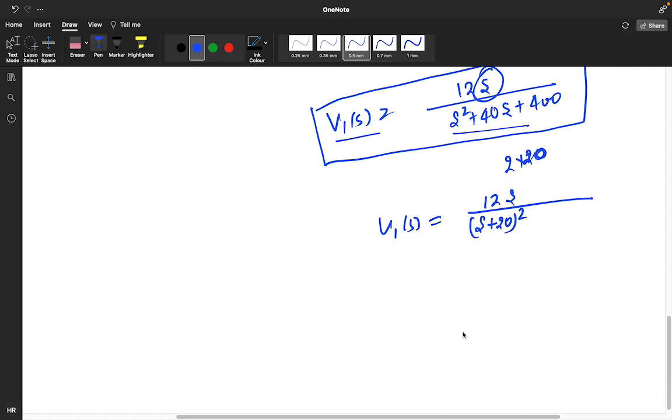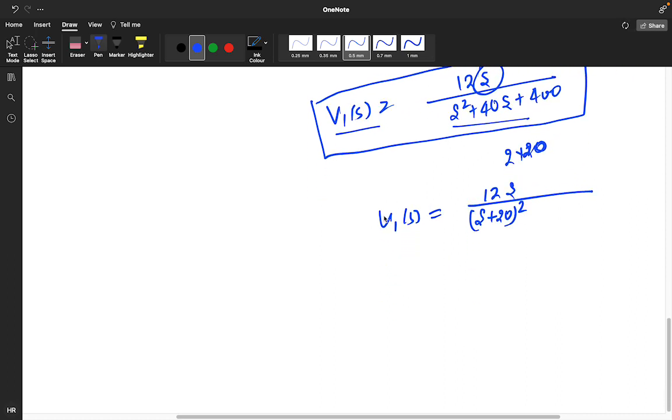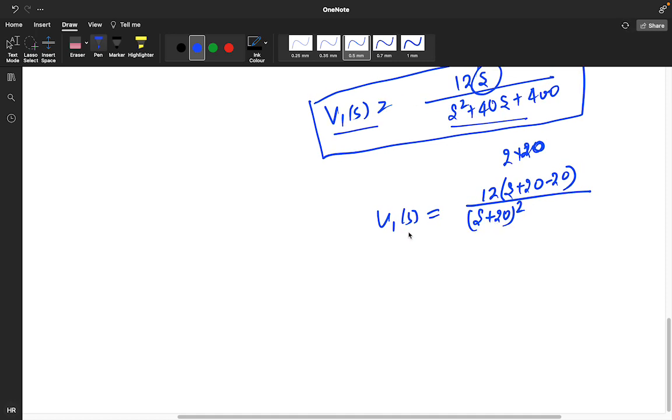Okay, now what you have to do is plus 20 and minus 20. If we do plus 20 and minus 20, v1 of s will be 12 into s plus 20 divided by s plus 20 the whole square, minus 20 into 12 divided by s plus 20 the whole square.